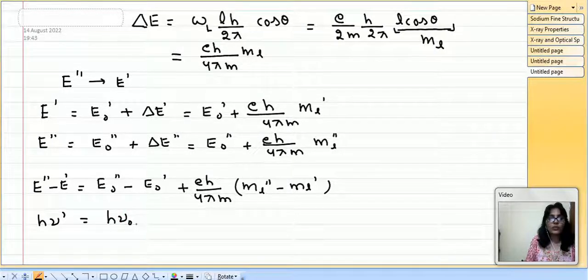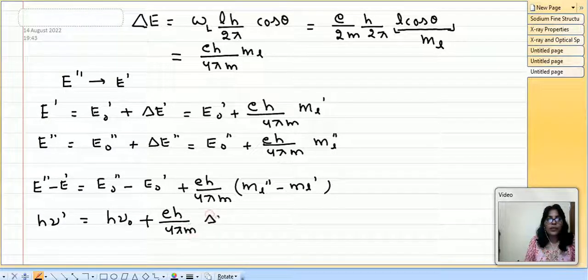Original frequency means the frequency of the spectral line when the magnetic field was not applied. But when we apply the magnetic field, the frequency will change, and that changed frequency is nu dash, plus Eh upon 4 pi m into delta ml.